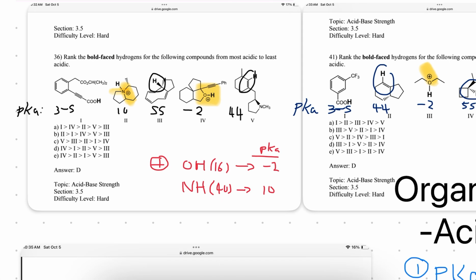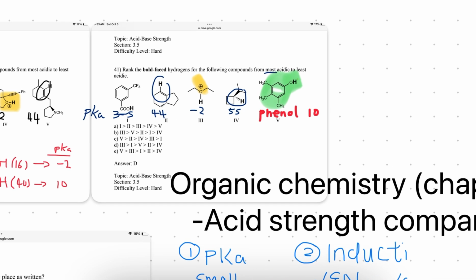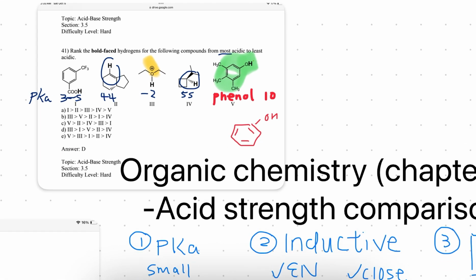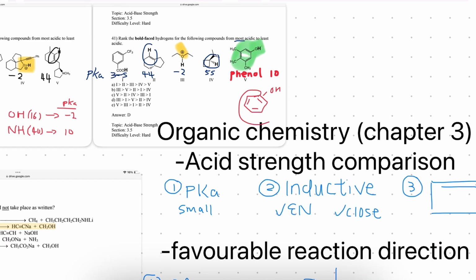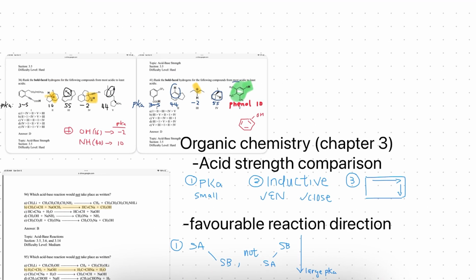So really watch out for that positive charge, and also the phenol here. Phenol is an alcohol, but if you see it attached to a benzene, it's not going to be 16, it's going to be a pKa of 10. Okay, so that's how you would attack those questions comparing pKa's.